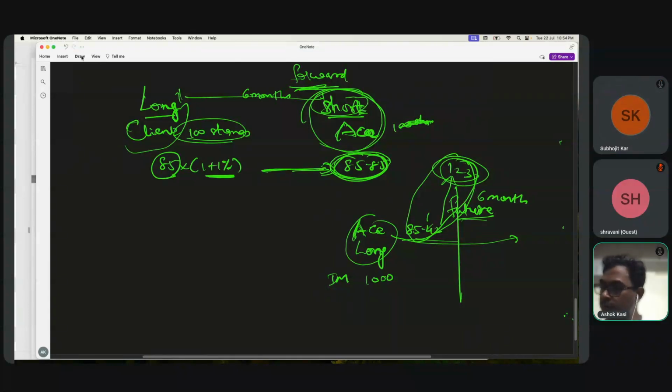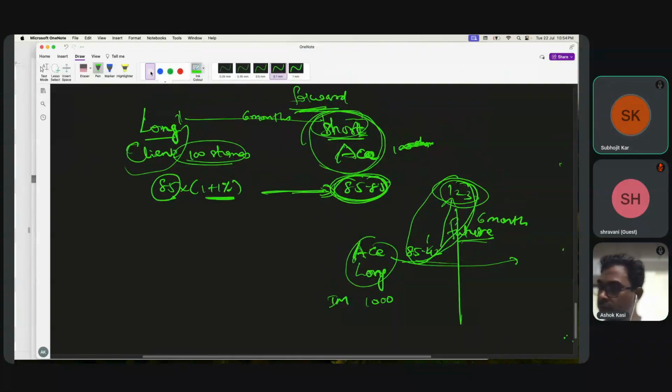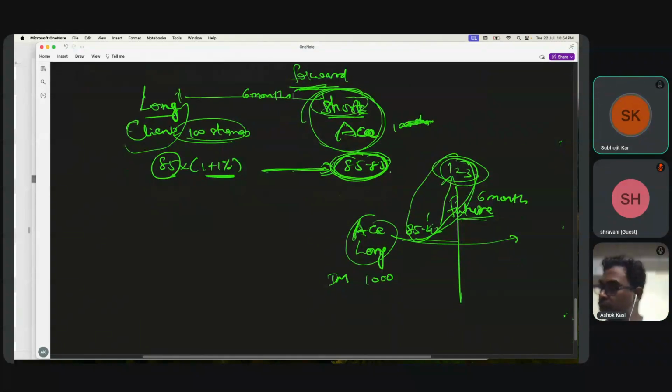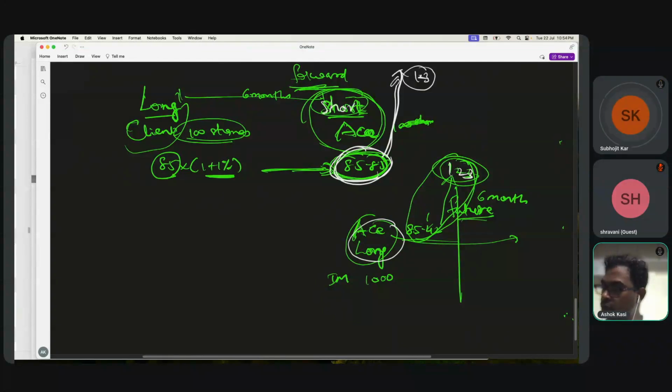So it has nothing to do with that, right? See, here it has gone to 123. Here also it will go to 123. But in this case, for ACE it's a loss, and in futures it is a profit. Why for ACE is it a loss? Because ACE is short in the forward.